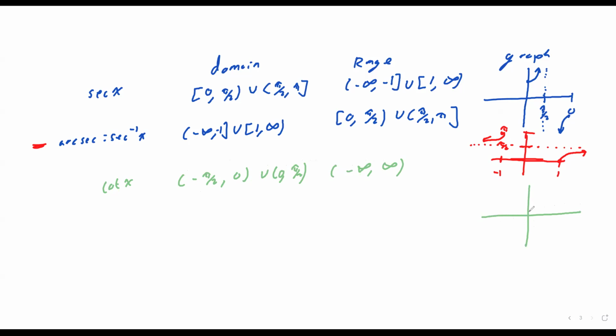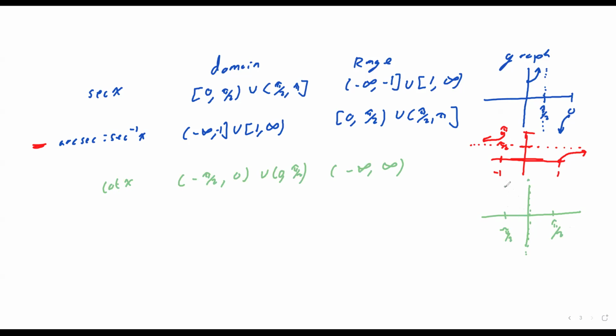On this one here, we actually have a vertical asymptote here. And then here's negative pi halves, and here is pi halves. So what they did here to kind of break it down is for the graph, it went down this way.